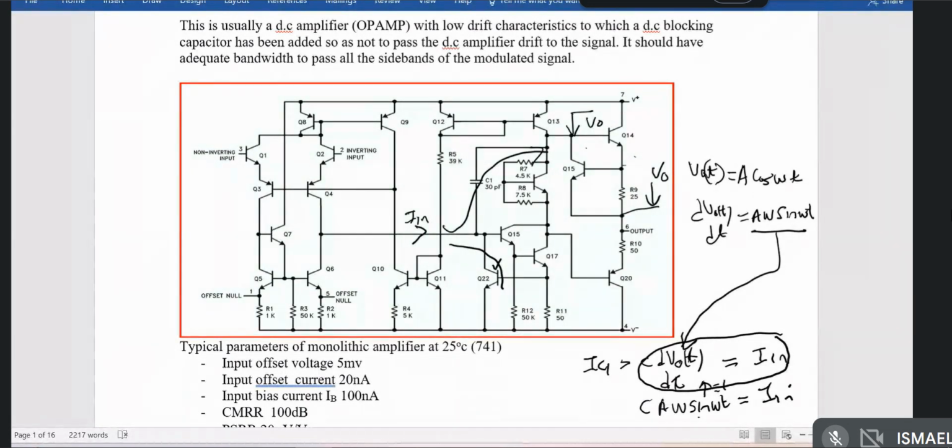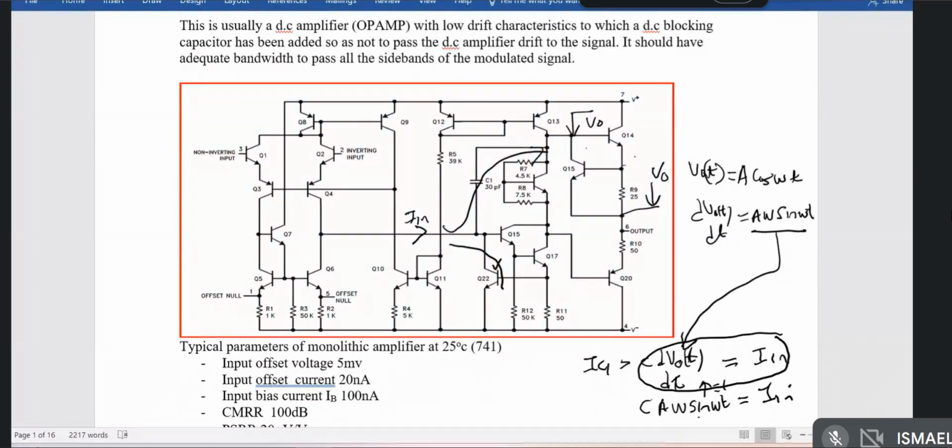Or dV naught dt is equal to IN divided by C. So you can increase the slew rate by making C as small as possible.